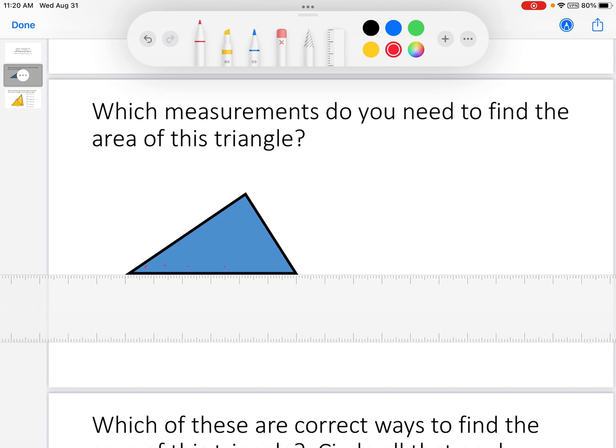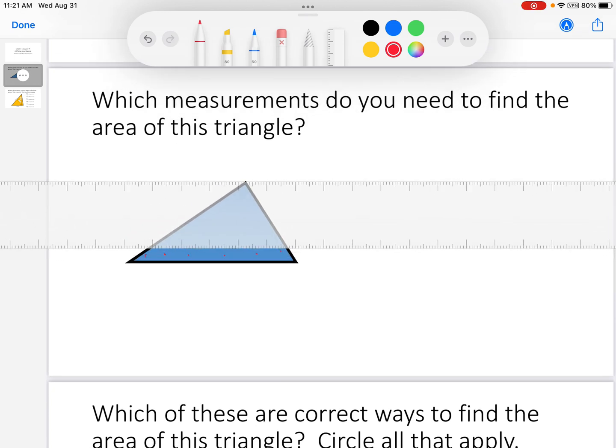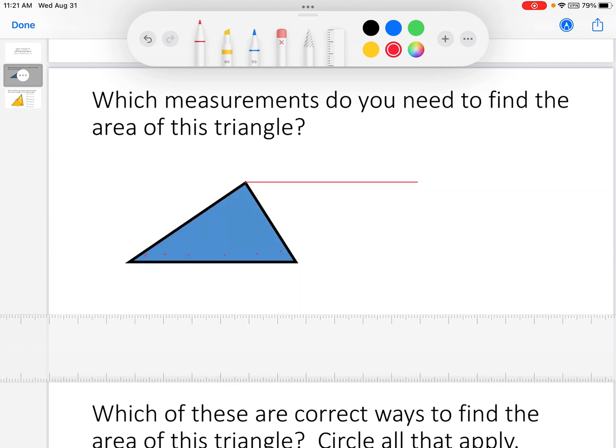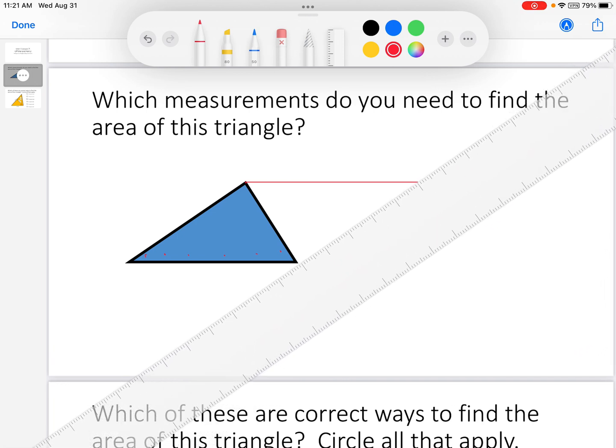This is 1, 2, 3, 4, 5, 6 centimeters. And I'm going to move that up to here and draw 6 centimeters. And then connect those pieces.